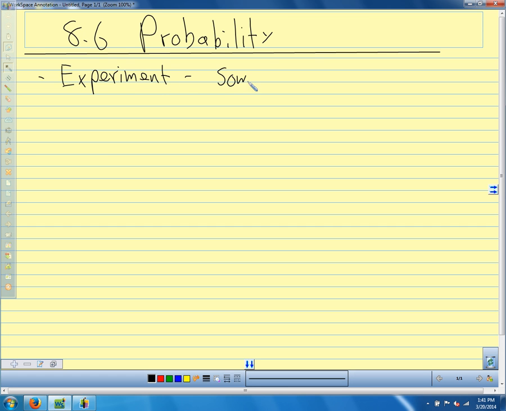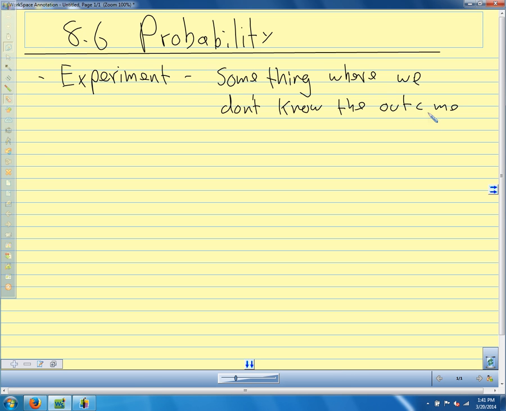So something where we don't know the outcome. So we talk about doing an experiment. So when we're talking about probability, flipping a coin would be an experiment because we don't know the outcome.